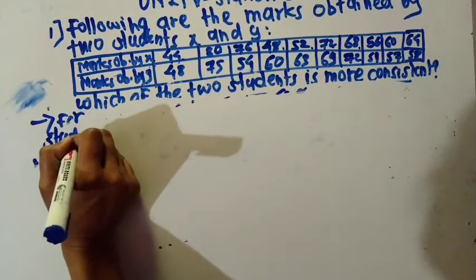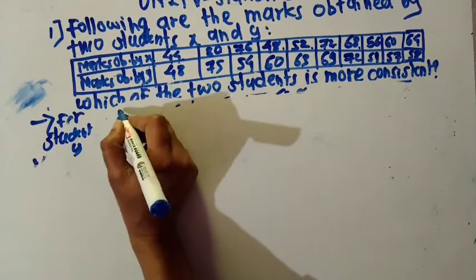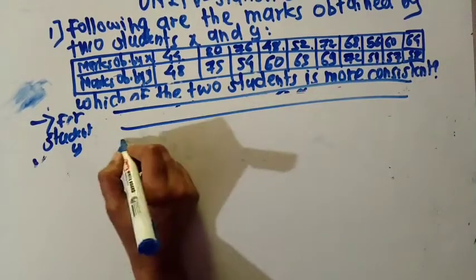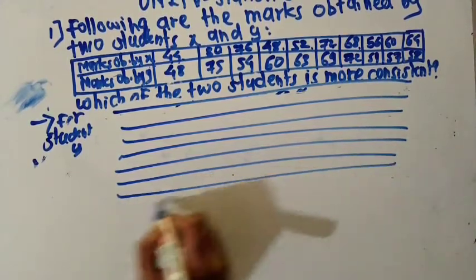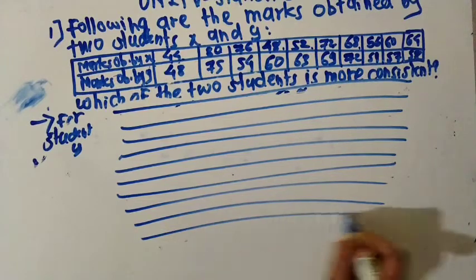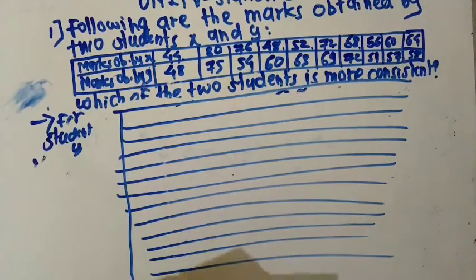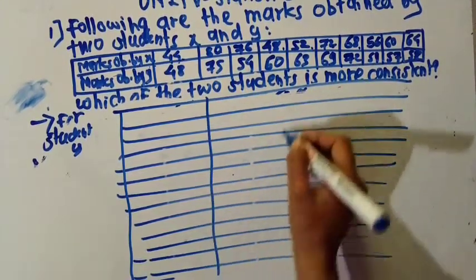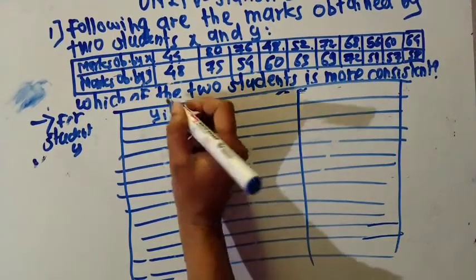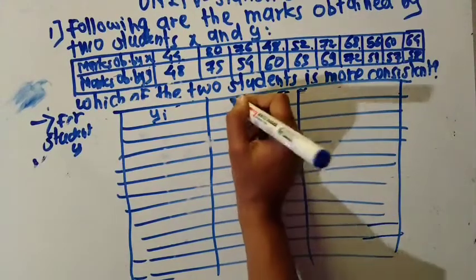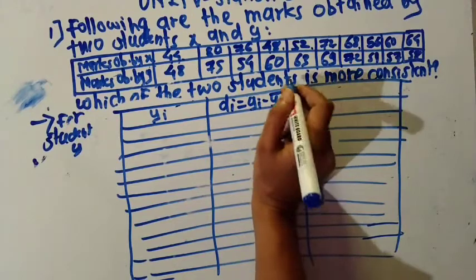For student Y, draw this table. There are 3 columns. Here marks is yi, marks of student Y. Then di is equal to yi minus y bar.